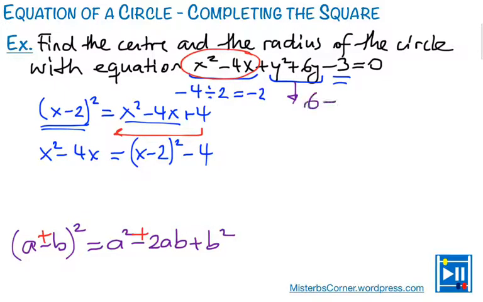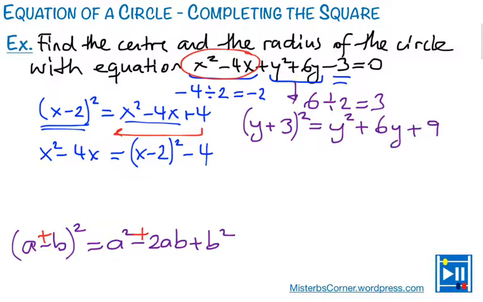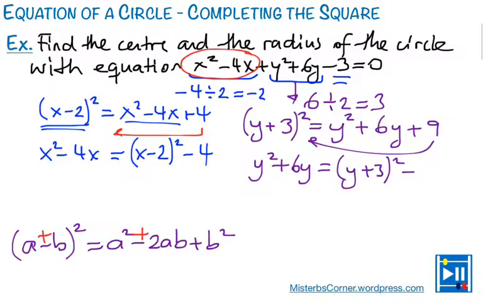Well, this is 6 divided by 2, so it's going to be 3. So basically, I have to work on (y + 3)², which would be y² + 6y + 9. And if I take 9 to the other side, I will have y² + 6y = (y + 3)² - 9.